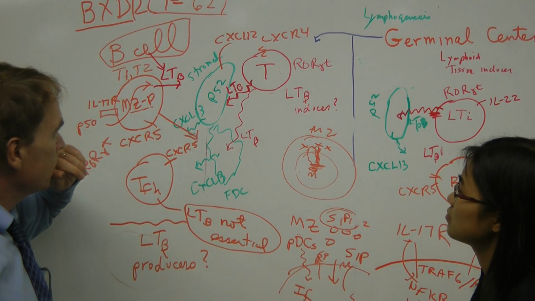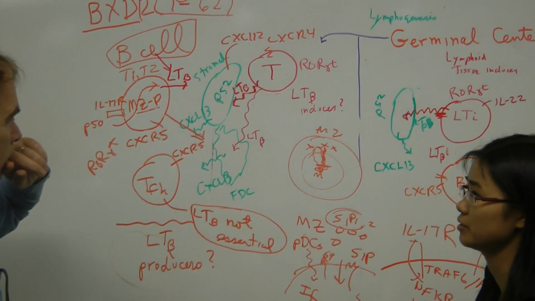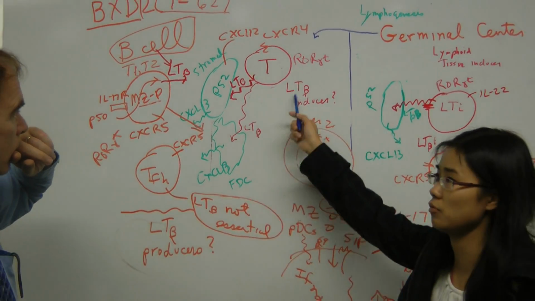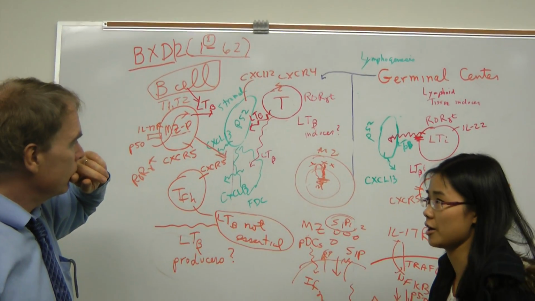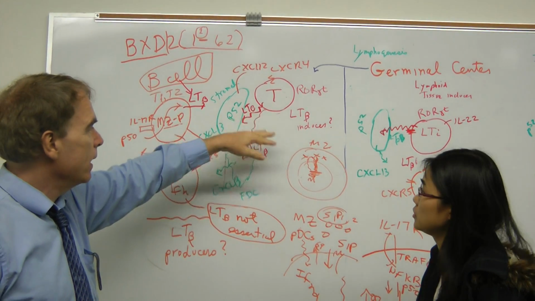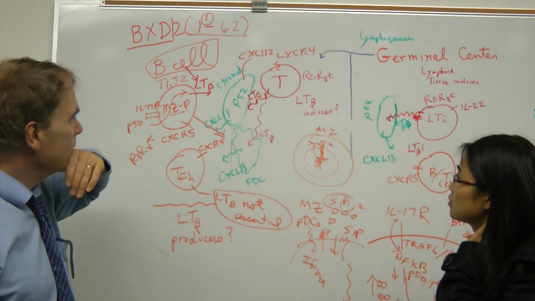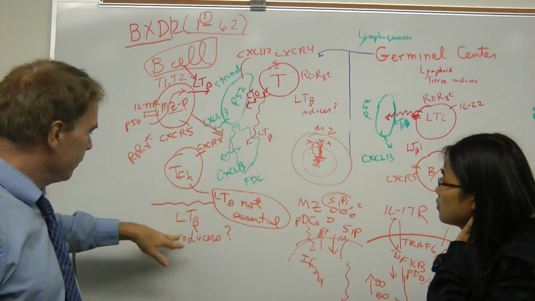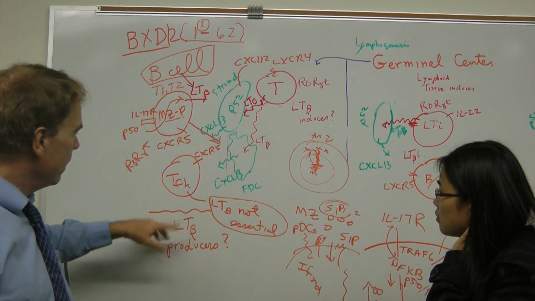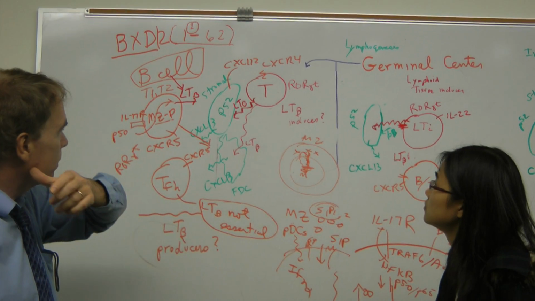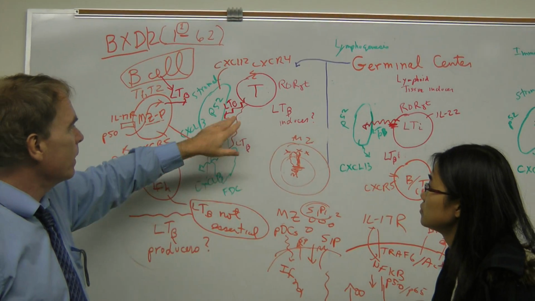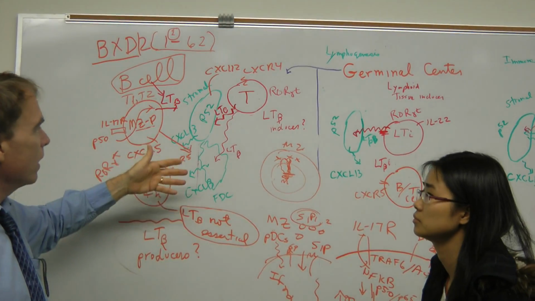I think that's an old concept that the T cells and the stromal cells will maintain each other, support each other through this molecule, right? It is a support of the stromal cell. But I thought he said the T cell lymphotoxin beta is not essential for the T cell supportive stromal cell. So maybe it's lymphotoxin beta, maybe it's alpha or something else.